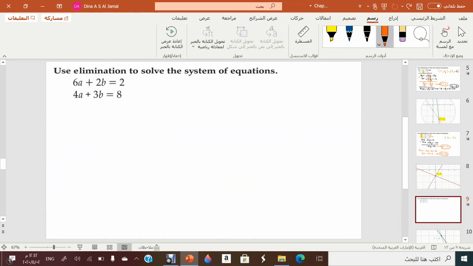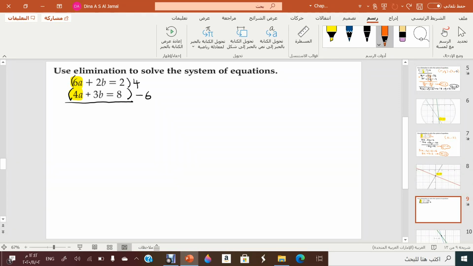Now in this question, let me choose one to be eliminated. I would like to eliminate my a. So let me choose something different now. I will be multiplying it by the opposite sign. So here I will multiply it by minus 6, and here I will be multiplying it by 4.